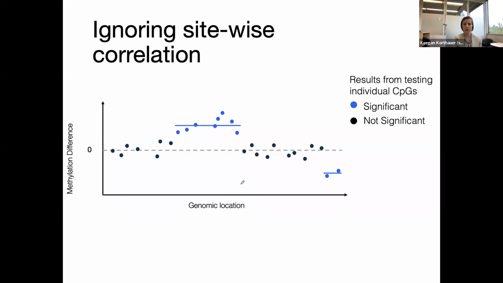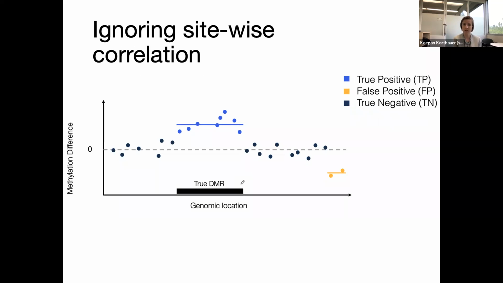This original analysis used a method that essentially tests each CpG independently and then calls each one for significance or not significance. Then the ones that are deemed significant, if they are neighboring one another, are grouped together, forming a region. That seems like a good place to start.